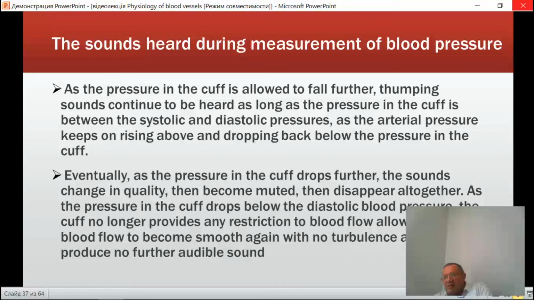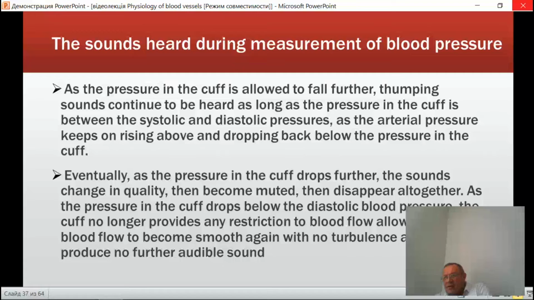As the pressure in the cuff is allowed to fall further, thumping sounds continue to be heard as long as the pressure in the cuff is between systolic and diastolic pressure, as the arterial pressure keeps rising above and dropping back below the pressure in the cuff.